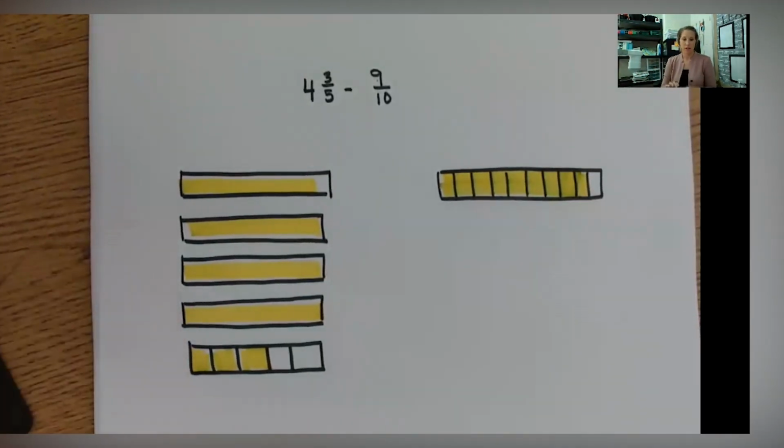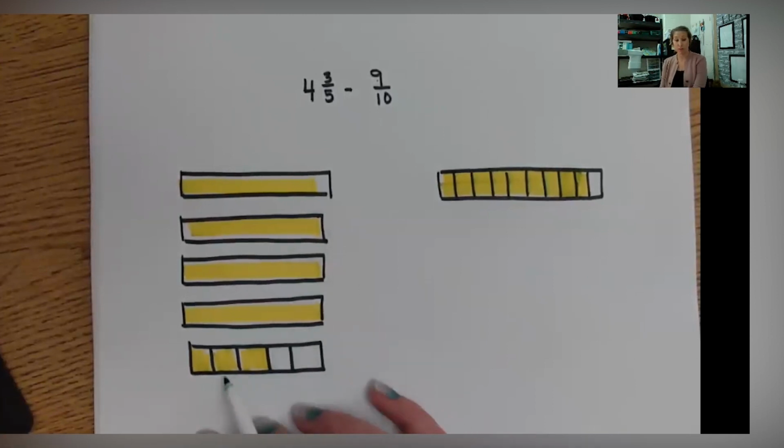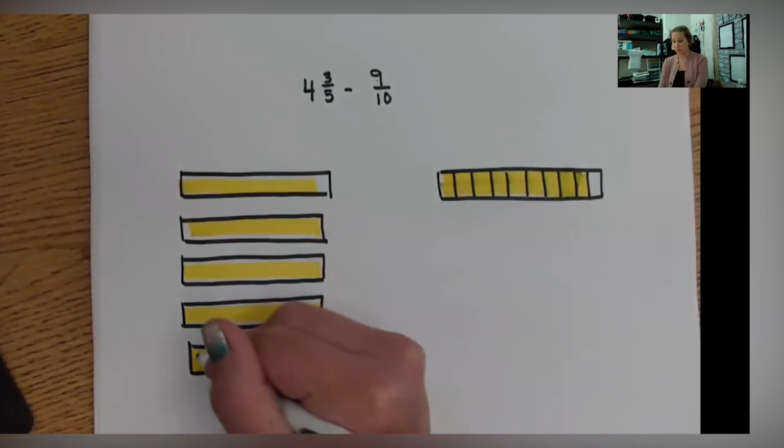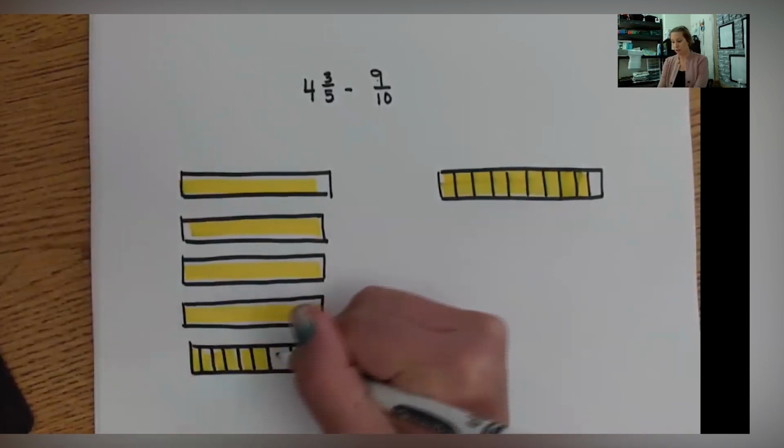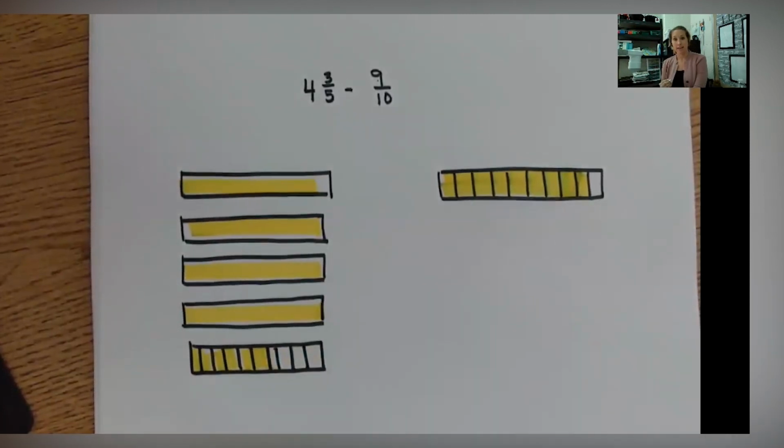Fabulous work. Now, do we have a common denominator? No, we don't. So what will the common denominator be? I heard you say tenths. How will we have to subdivide to get tenths? Yes, I heard that we're going to divide our 3/5 and split them in half to get tenths.